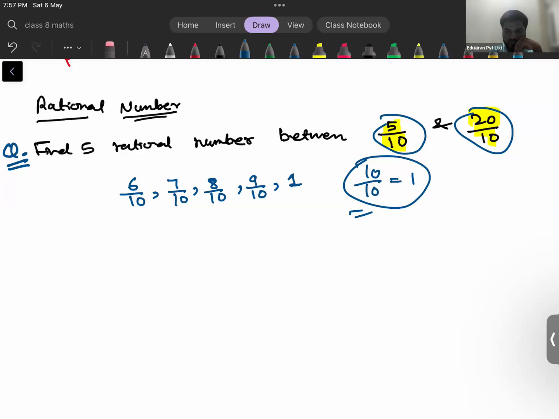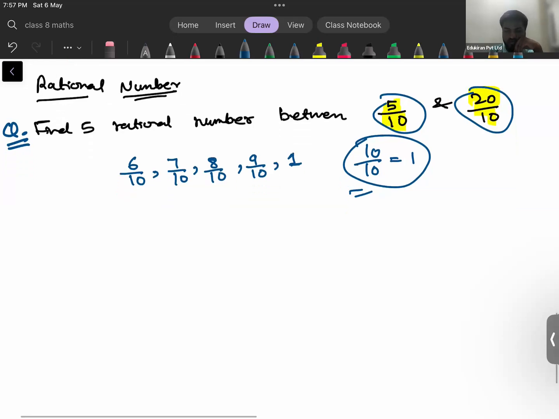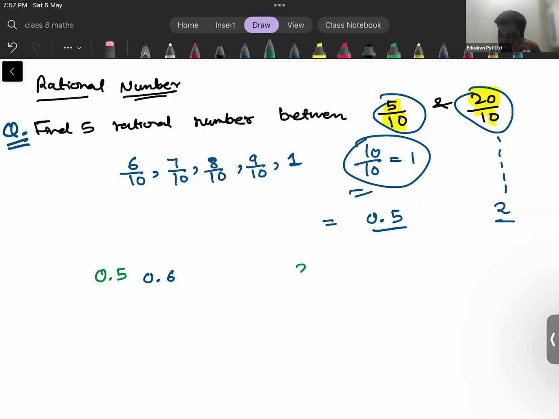Or you can write these values in the decimal form as well. Like 5 upon 10 can be written as 0.5, and 20 upon 10 can be simply written as 2. Where did 0.5 come from?